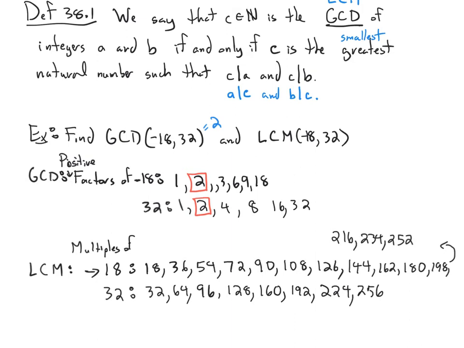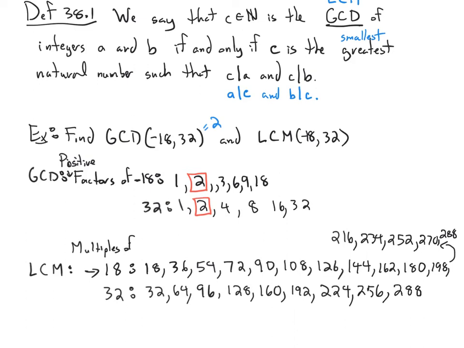And you can see this is taking a while. Let's keep going. The next one is 270, and the next one is 288. Let's stop there. And in fact, if we have 32 times 9, we also get 288.